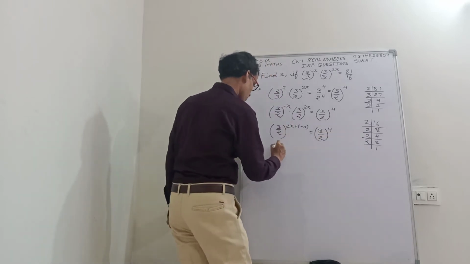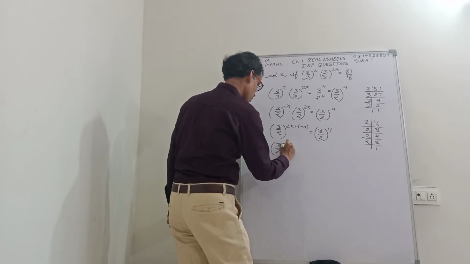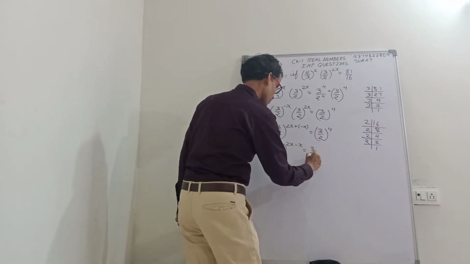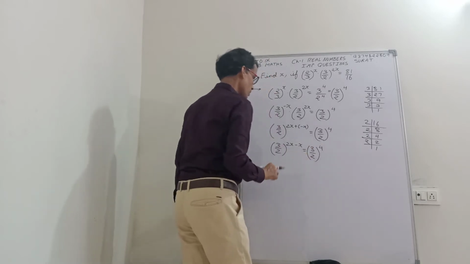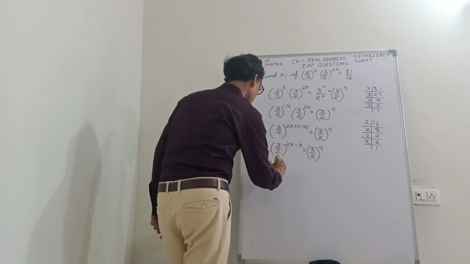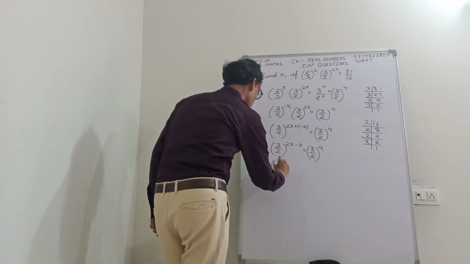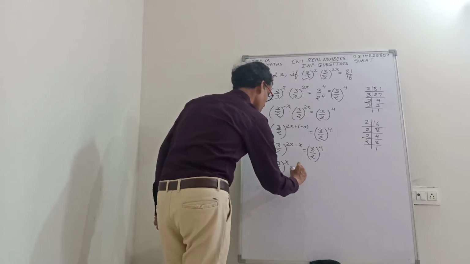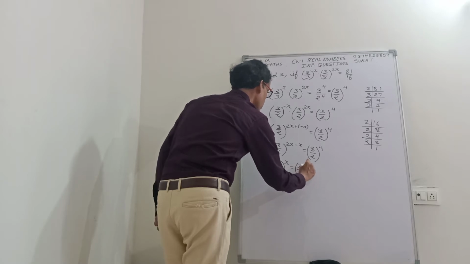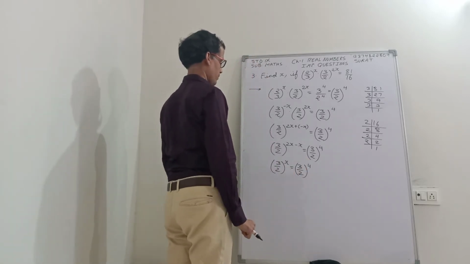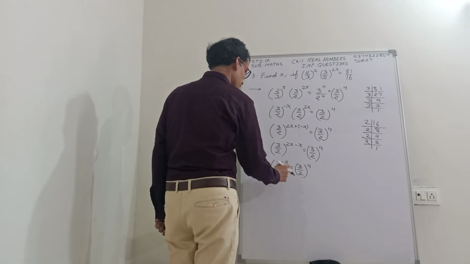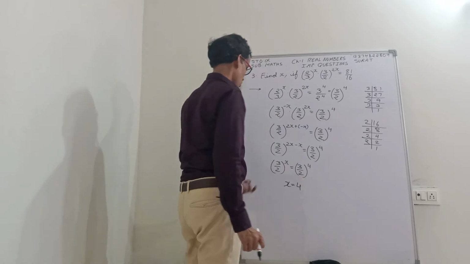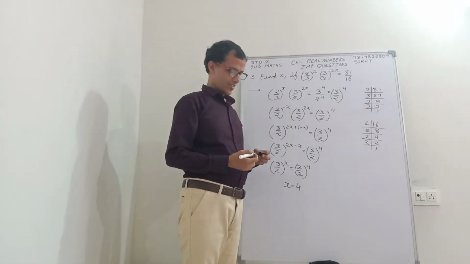So this becomes 3 by 2 power x equals 3 by 2 power 4. So compare this, the power must be equal, so we get x equal to 4. So this completes our third question.